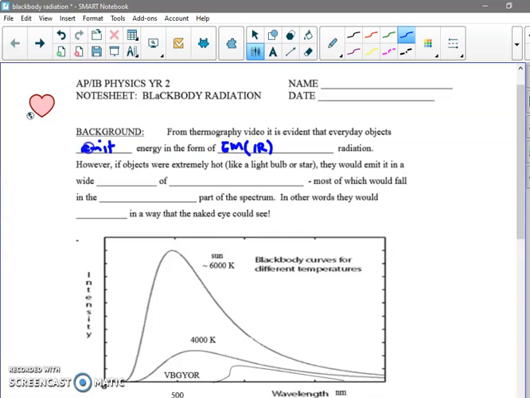However, if the objects were extremely hot, let's say like a light bulb or a star, then they would emit it in a wide range of wavelengths, most of which would fall into the visible part of the spectrum. Okay, so the reason the sun appears visible to our eyes, and a fire does, or a light bulb, is because it's really, really hot, much more hot than a typical, let's say, organism. So in other words, they would glow in a way that the naked eye can see.